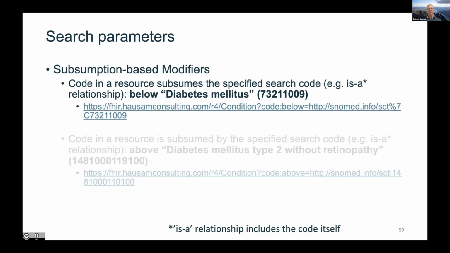What I'm going to do is use the below modifier. I'm looking for a condition with a code that is below this particular SNOMED CT code, which is, again, 732111009. That's the code for diabetes mellitus in SNOMED. So I should be able to find all types of diabetes mellitus by doing this. And let's give that one a shot.